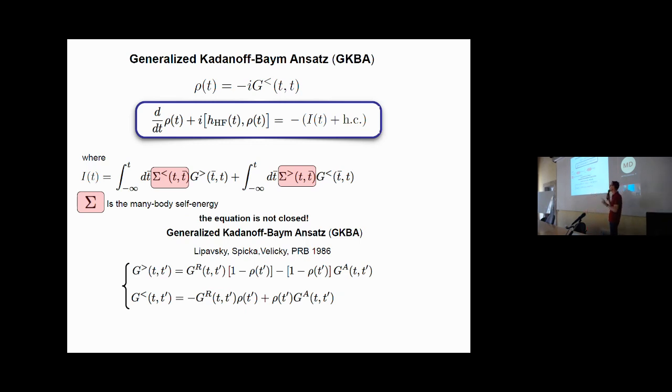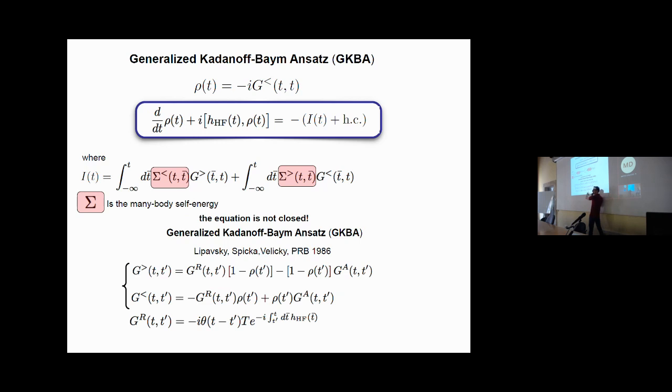We can approximate G lesser and G greater in terms of the density matrix, which is the only unknown quantity that we want, and in terms of the retarded and advanced Green's functions. But since we want a closed equation, we further approximate G retarded and G advanced as exponentials of the Hartree-Fock Hamiltonian.